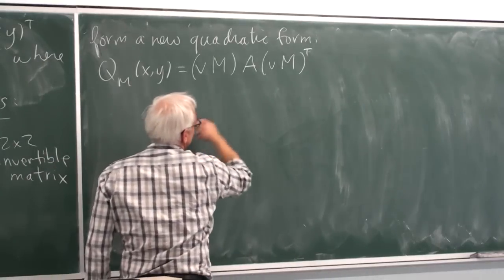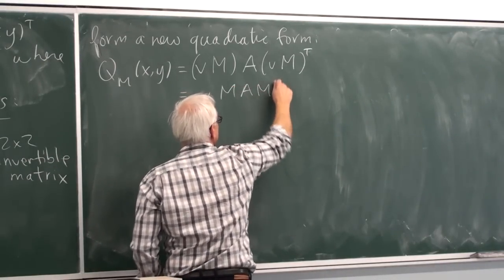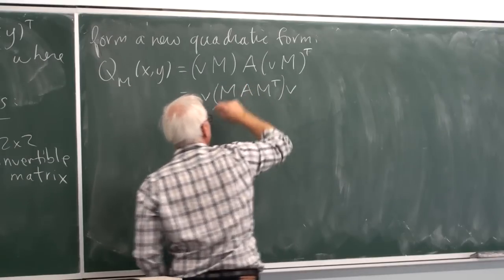Well, by the matrix properties, we can write this as V, M A M transpose, V transpose, with brackets like this.